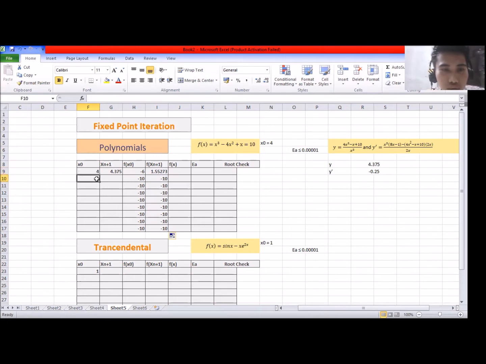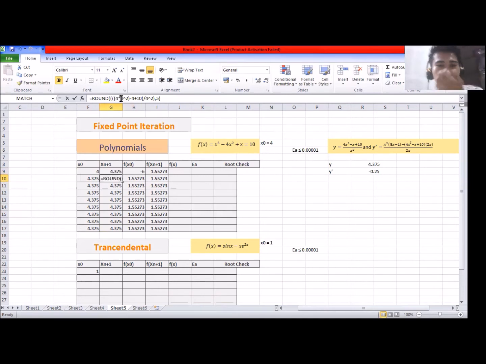Then it equals to the value x n plus 1. Then again the initial value till, right.